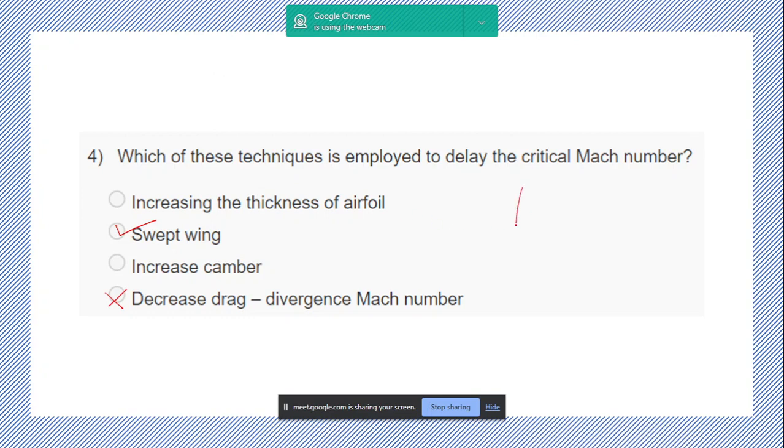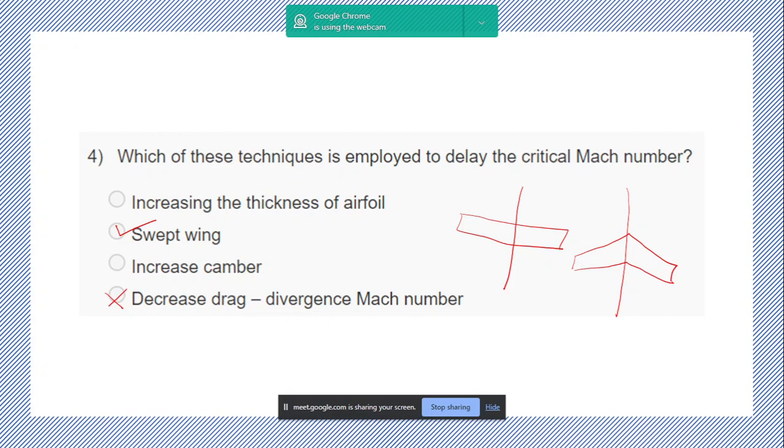So if this is your fuselage reference line, your regular airfoil wing was something like this. Now you have a swept back wing. So you have something like this. Can you try to tell me why it is the swept wing that delays the critical Mach number?